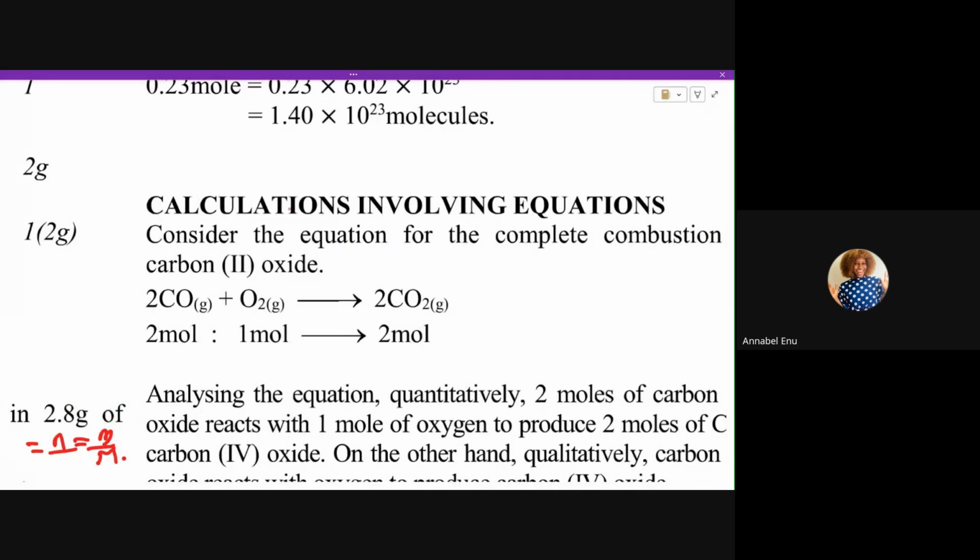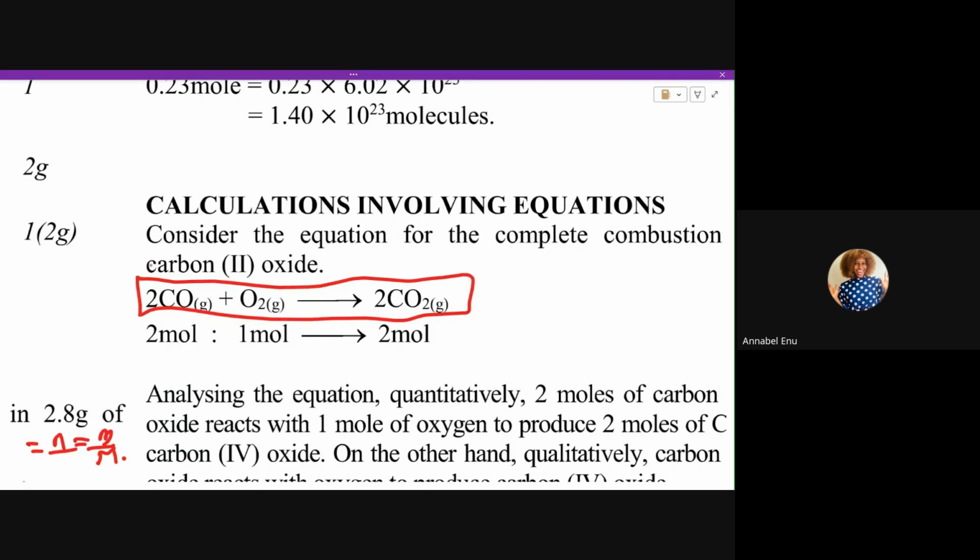Okay, now this is a chemical equation. When we are answering any question that has to do with mass, volume, moles relationship, sometimes we need a balanced chemical equation.